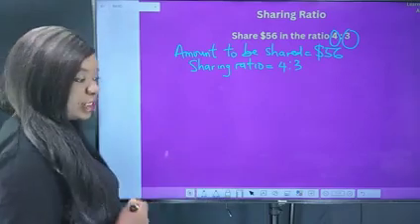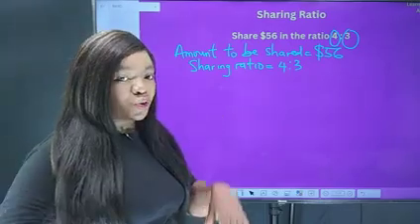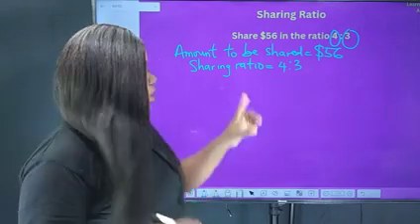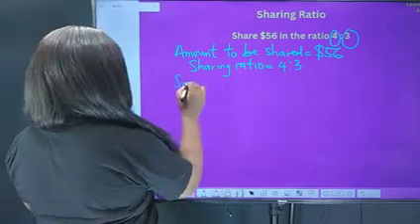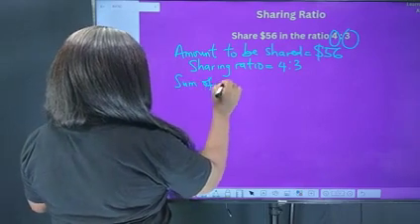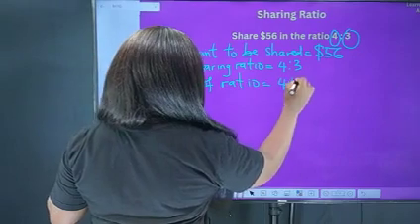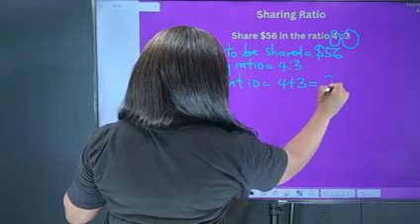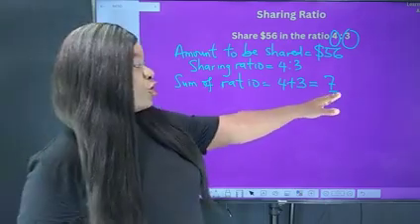Now let's start the solution proper. What we are going to do first is to add up the ratio. The ratio is 4:3. Now you say sum of ratio. Sum of ratio means add it up. So that will be 4 plus 3, which is equal to 7. That is the total number of ratio.